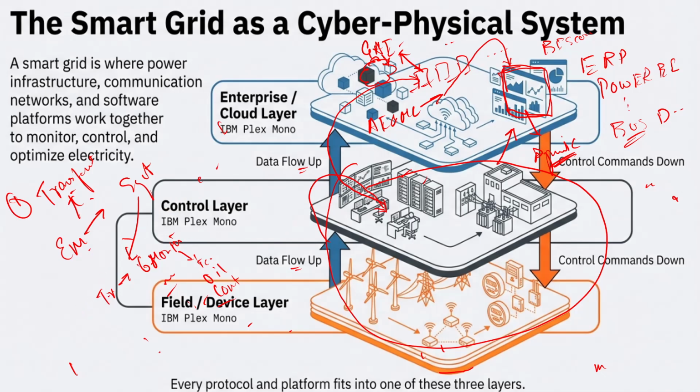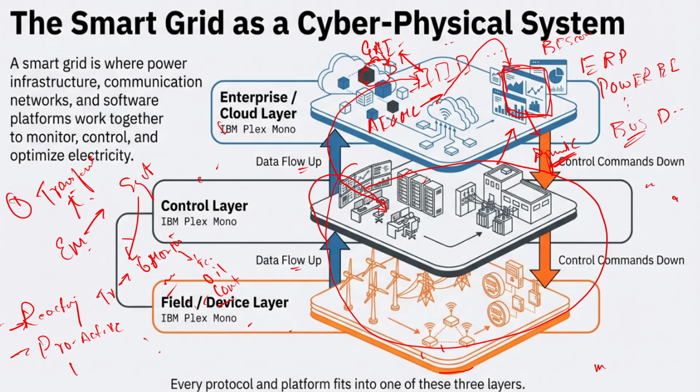They can take the decision whether this transformer or any of the circuit breakers needs maintenance or not. So basically what we are trying to achieve here is, instead of the reactive approach, a proactive approach.